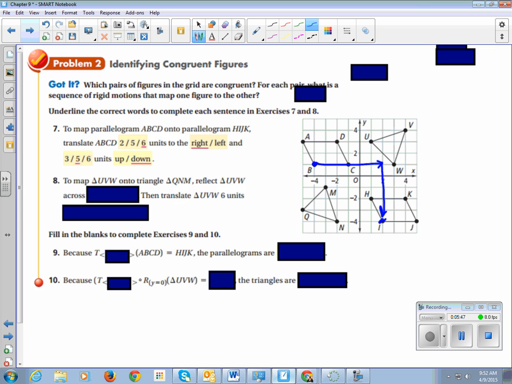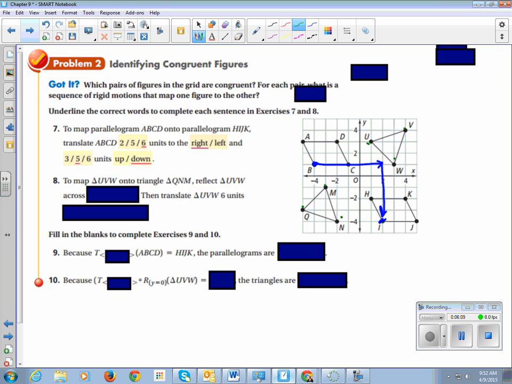So if I look at our triangles, UVW, to get it to come over here and be QRM, I need to reflect it across which axis? The x or the y axis.